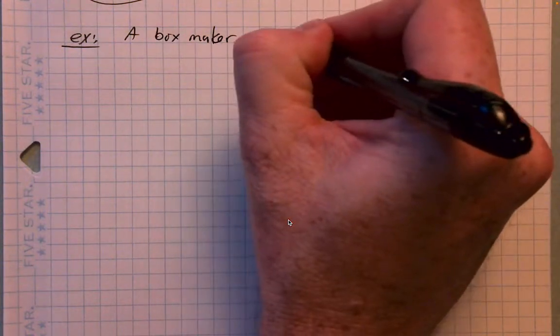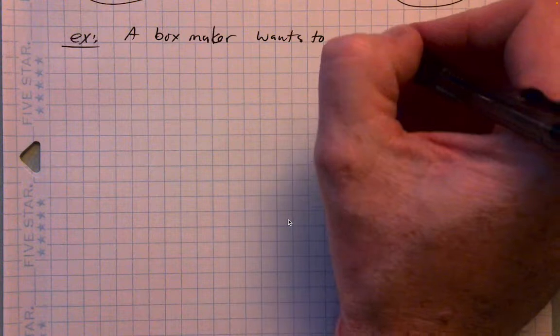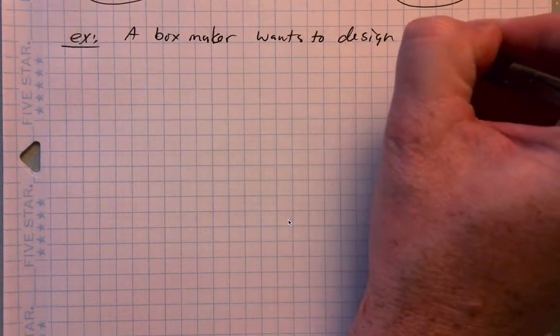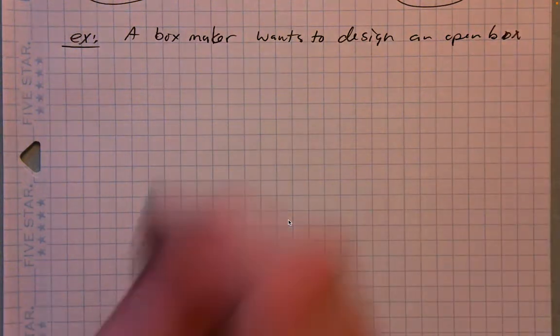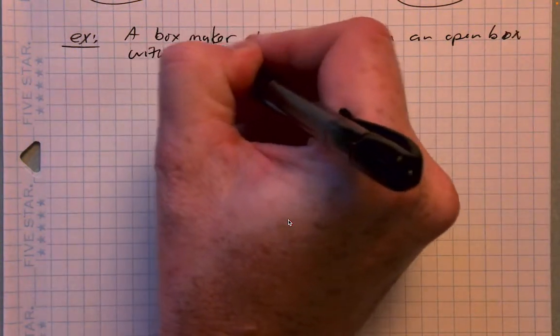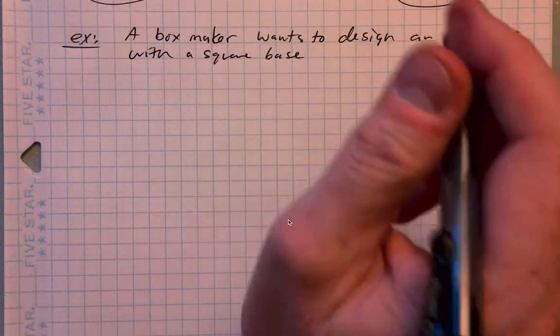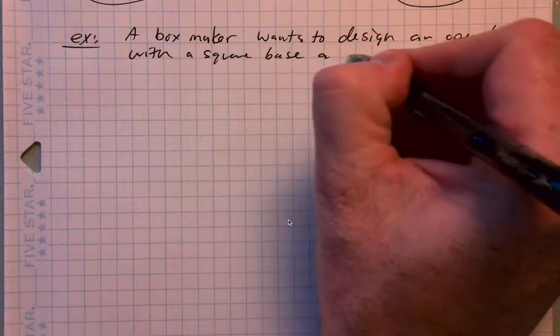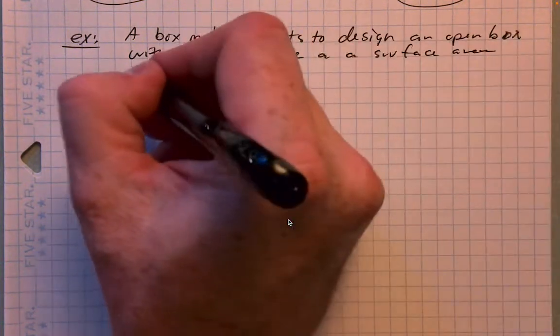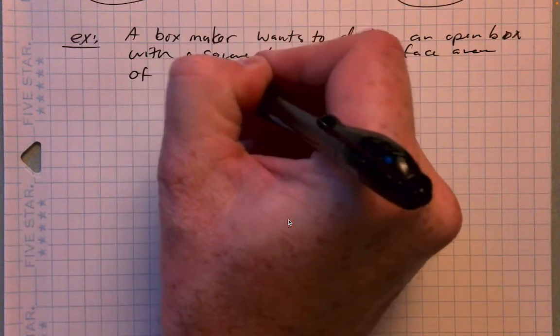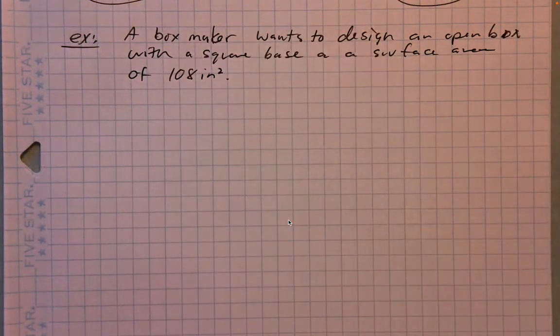A box maker wants to design an open box with a square base and a surface area of 108 inches squared.